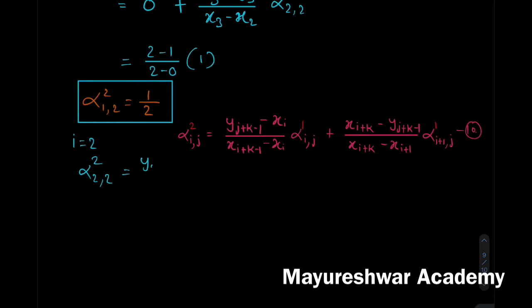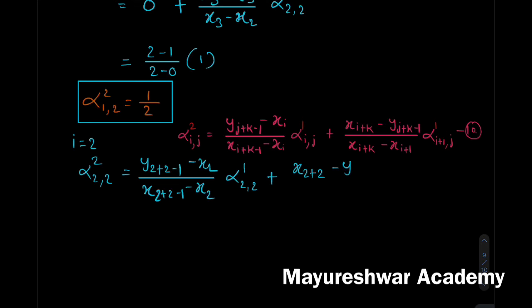Okay, now y2 plus 2 minus 1 minus x2, x1, sorry, actually it's supposed to be x2, sorry, x2 is 2, so this is 2 plus 2 minus 1, yes, minus x2, okay, alpha 2 comma 2 plus x2 plus 2 minus y2 plus 2 minus 1 divided by x2 plus 2 minus x2 plus 1 and alpha of 2 plus 1 comma 2.